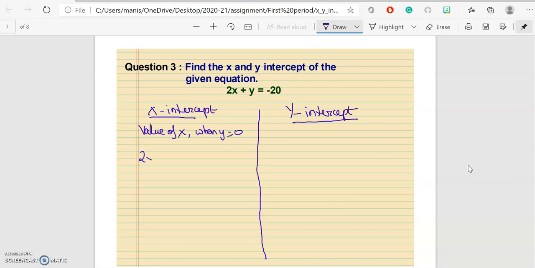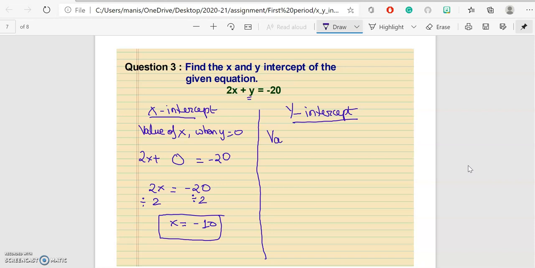So I will write over here 2x plus y equals -20. As I said, when y is equal to 0, I will change this to 0. So 2x is equal to -20, divide by 2, and the value of x is -10.